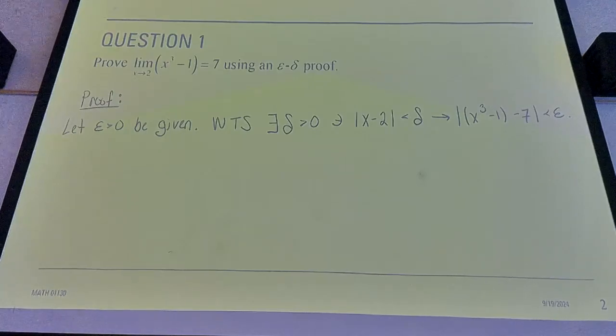How can that be simplified? x cubed minus 8, which is the difference of cubes, so it factors as x minus 2 times x squared plus 2x plus 4. You want the absolute value of x minus 2, and then the absolute value of x squared plus 2x plus 4.